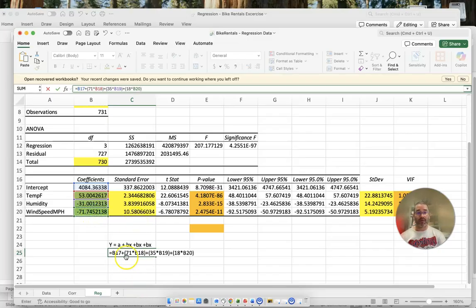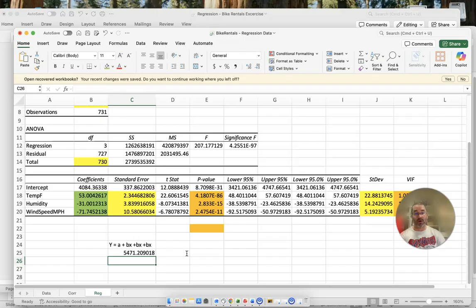And when we solve this equation, it's going to give us our estimate for how many bike rentals we think this company might get tomorrow. Okay, so we can round that and we'll say 5,471. And so that's our answer.